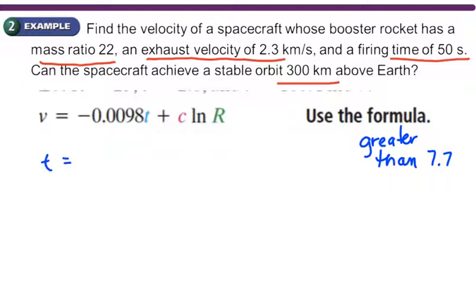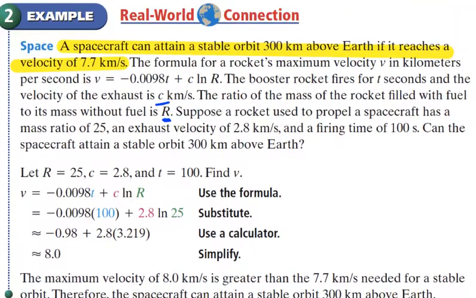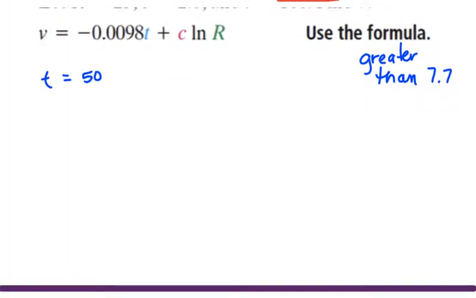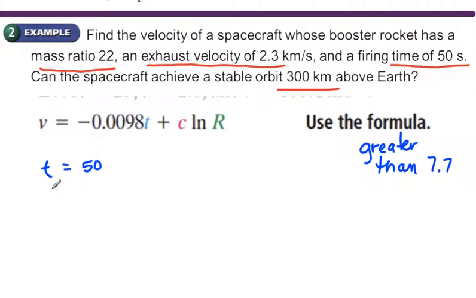So T is 50, and I do believe it said in seconds. We'll double check that. Yeah. Right? And we have C is the exhaust velocity, which is 2.3, and then the R is the mass ratio, which is 22.